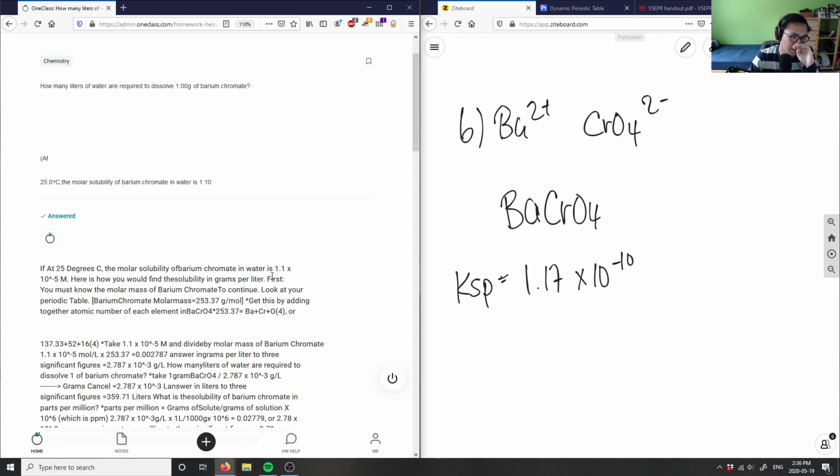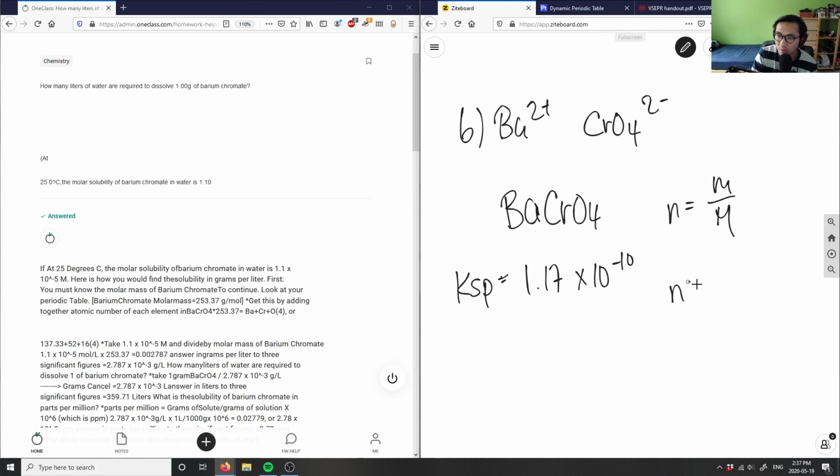So in this case, I have this KSP value here, and what I want to do now is convert this grams into moles, right? So I have 1 gram of barium chromate, and then I also have the molar mass. I have to find the molar mass of barium chromate. So I want moles equals mass over molar mass.